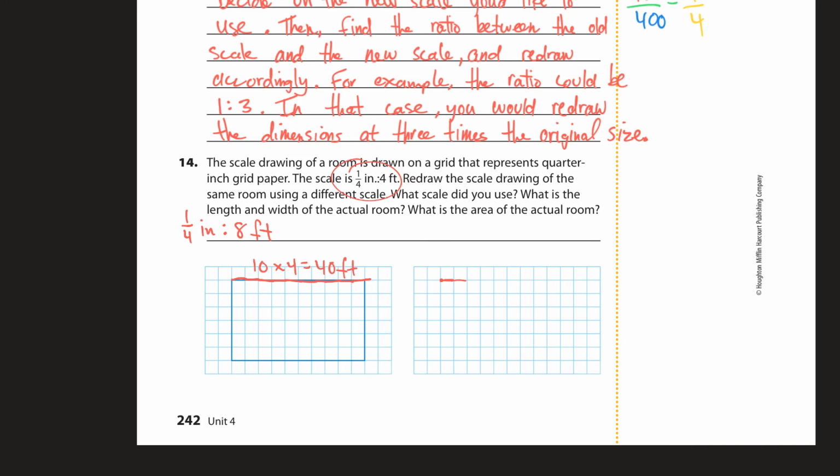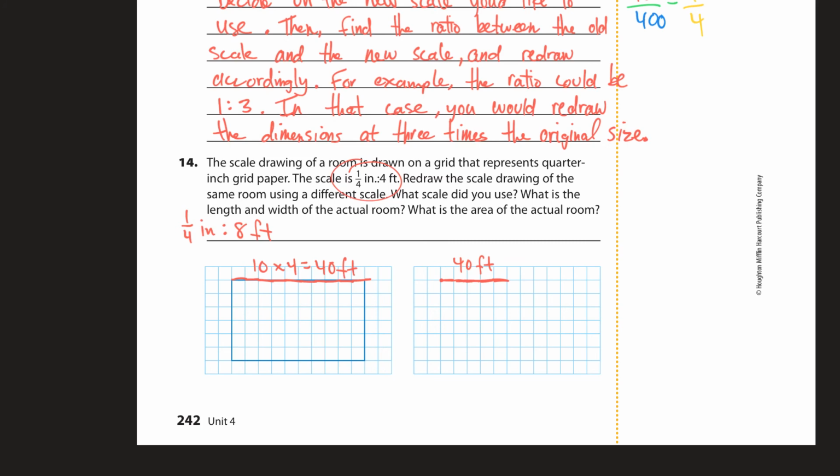And then this would be another 8, which is 16. And then 8 times 3 is 24. And 8 times 4 is 32. And 8 times 5 is 40. So this is, again, 40 feet. But our new scale is each quarter inch representing 8 feet. So 8 times 1, 2, 3, 4, 5 is 40.